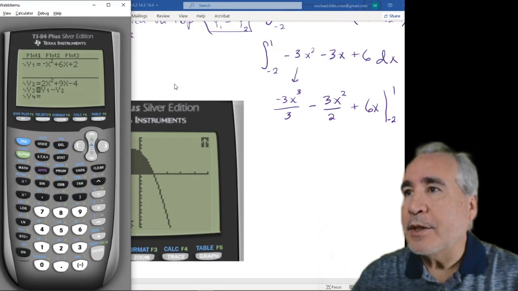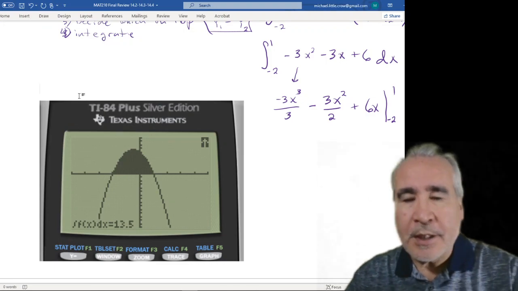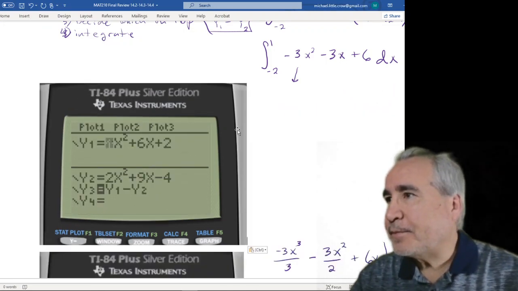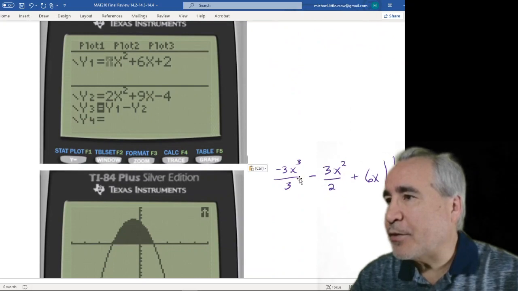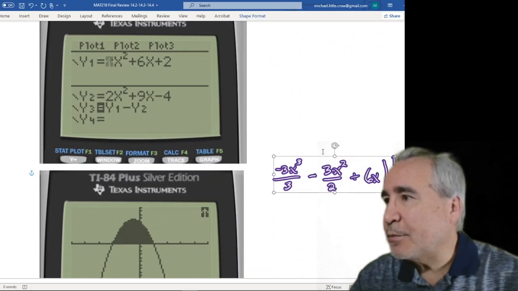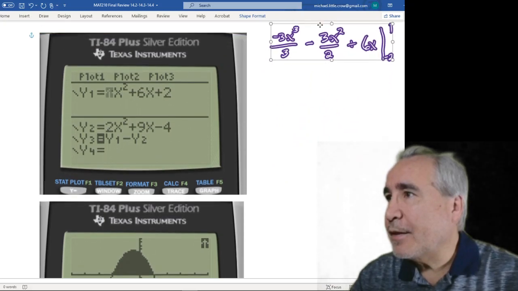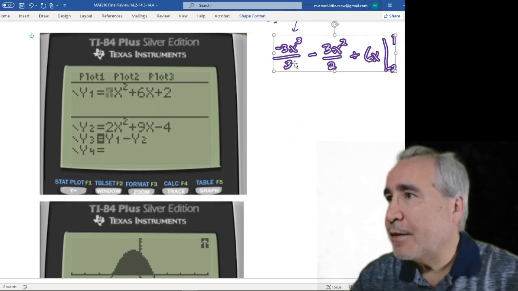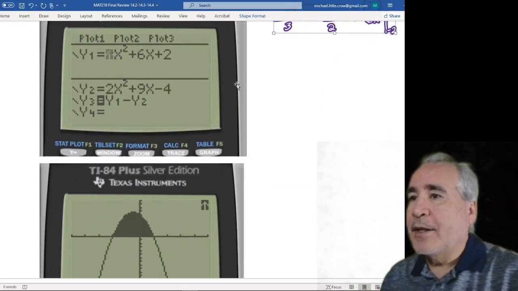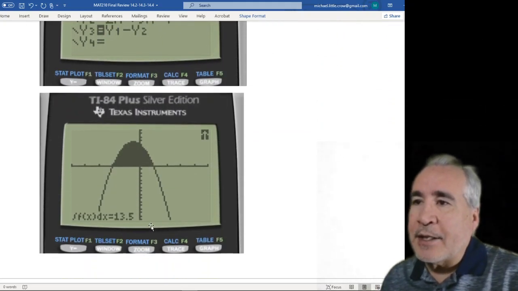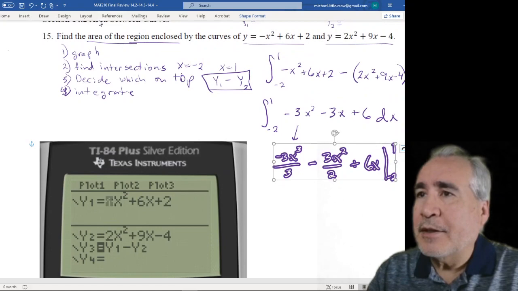Let's go ahead and do a screenshot of that one, so we know what we put in here. So this is kind of like showing your work. Let's move this guy back up. That's good. And we've got our answer right there, 13.5.